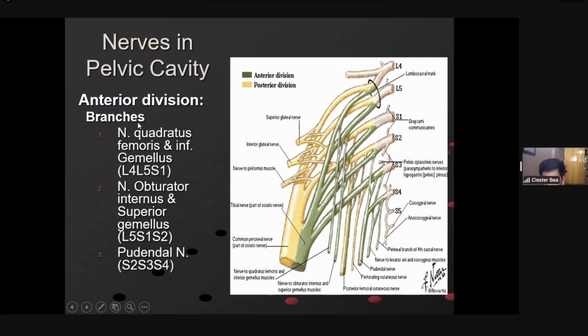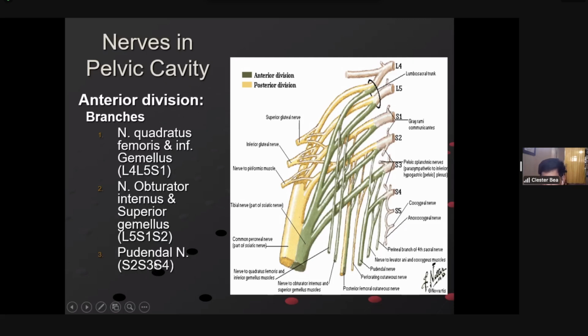From the anterior division, you have the nerve to the quadratus femoris, which is also the nerve to the inferior gemellus, and the nerve to the obturator internus, which is also the nerve to the superior gemellus muscle. Coming from the anterior division also is the pudendal nerve, from S2, 3, and 4.